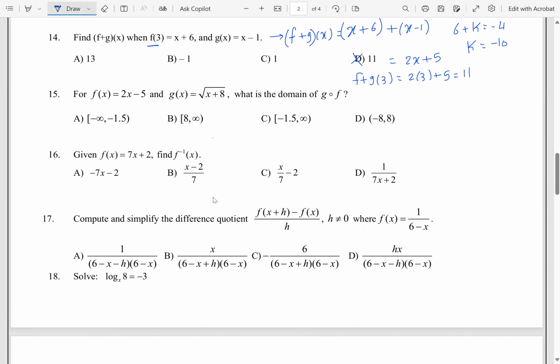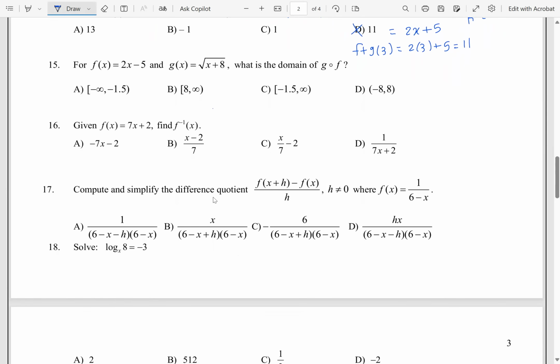Question number 15, you have two functions, one linear and one radical function. What is the domain of f dot g? The domain of the composite function is simply the domain of the g dot f intersection the domain of the f.